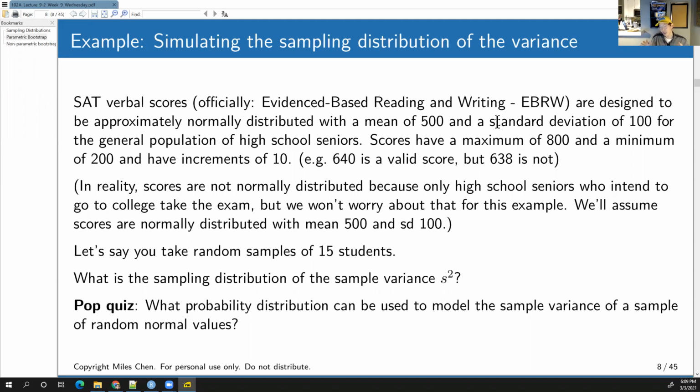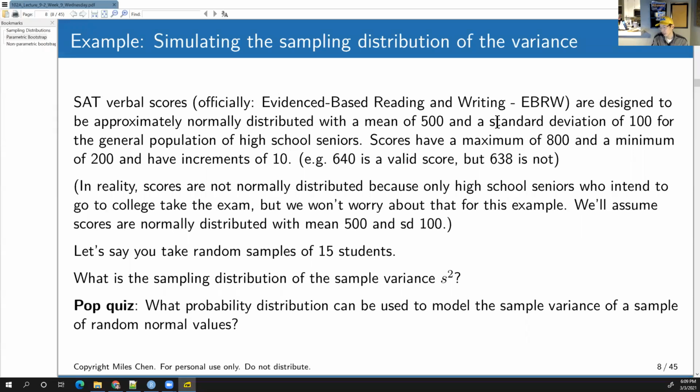But it's not exactly normal because the maximum is capped at 800 and the minimum is capped at 200, okay? So, those are 3 standard deviations away, so it should cover everybody, but technically the true normal distribution goes from minus infinity to plus infinity, so it's not truly normal. You have these forced caps there.